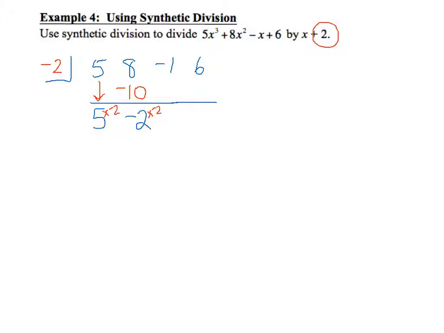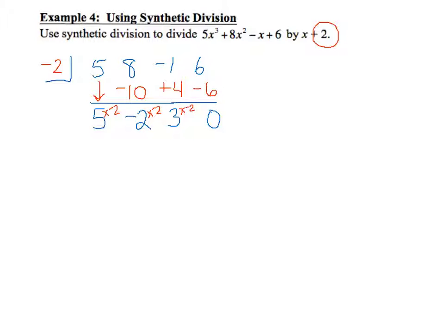Multiply that by -2, that gives you a positive 4. So when you add those down, -1 and a positive 4, that gives you a 3. And 3 must be multiplied by the -2, which gives you a -6, and you end up with 6 minus 6, which is 0.